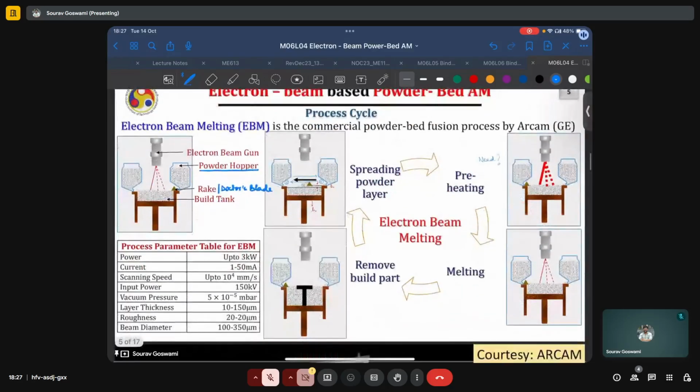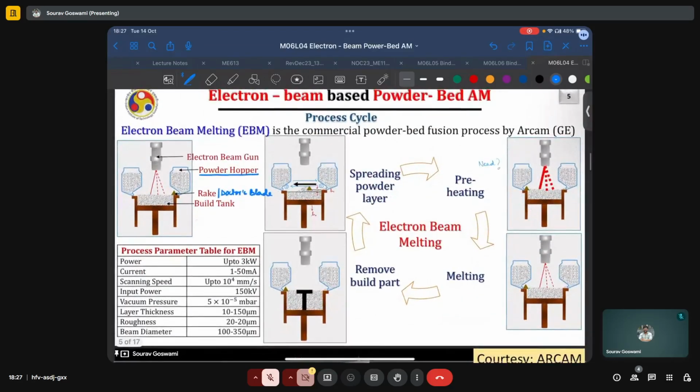We also have some numbers for the typical process characteristics of this electron beam melting technology. The power can go up to 3 kilowatts, which would appear to be on the lower end compared to laser beam based powder bed AM. For powder bed, the powers are still low, typically only 500 watt or lower.